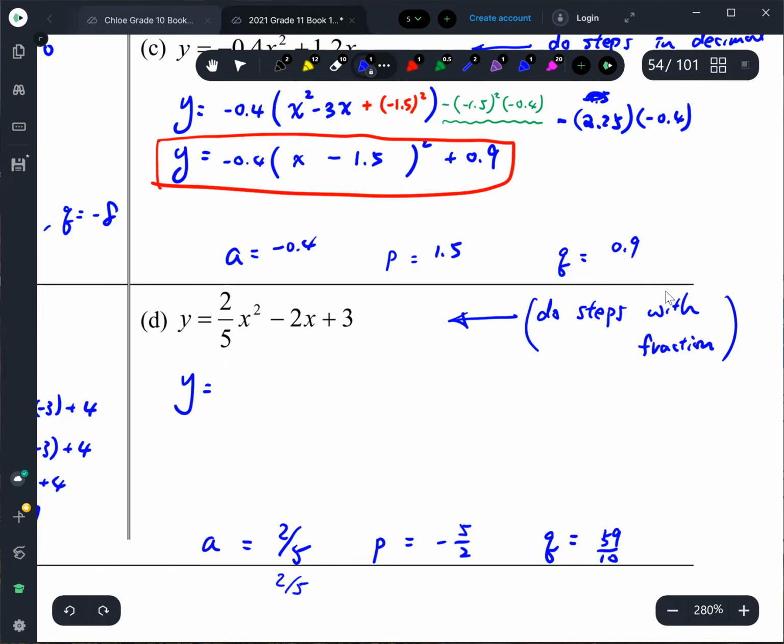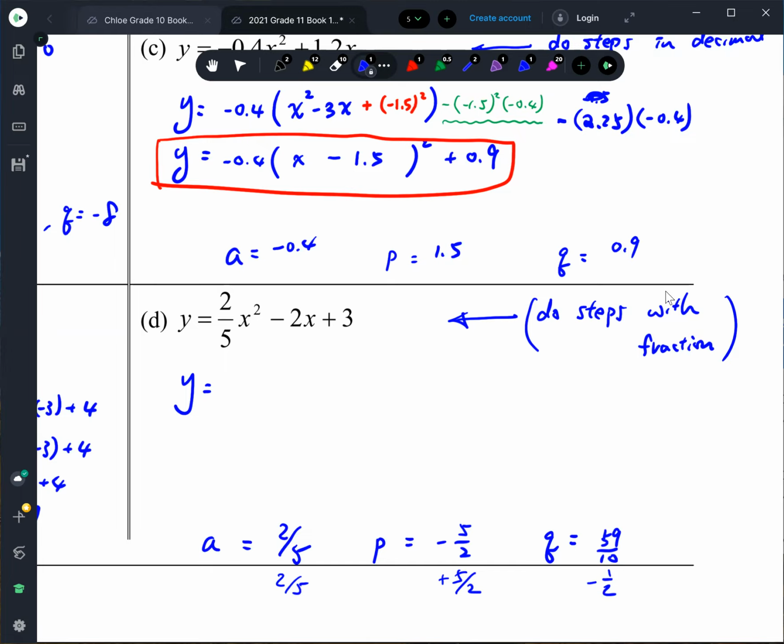And then for P, I got positive 5/2. And Q is negative 1/2. Okay, thank you. Let's get another one, see if we can have a match here.